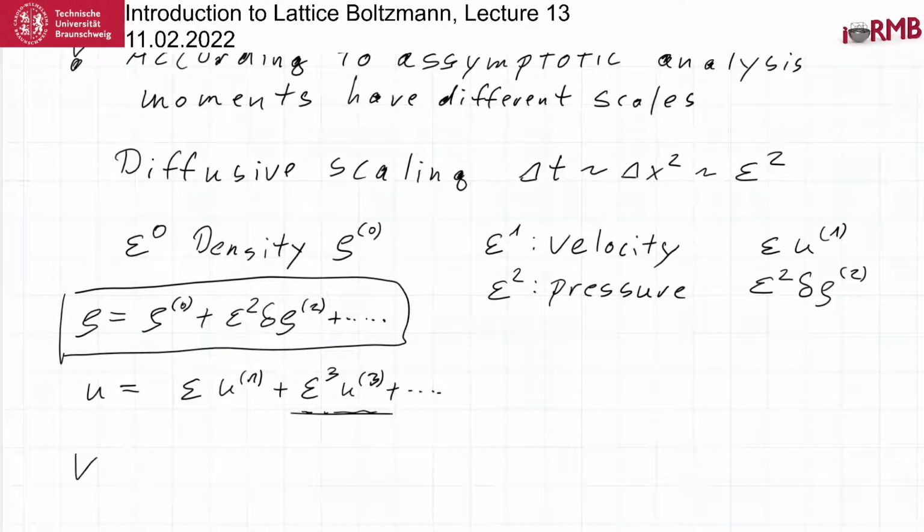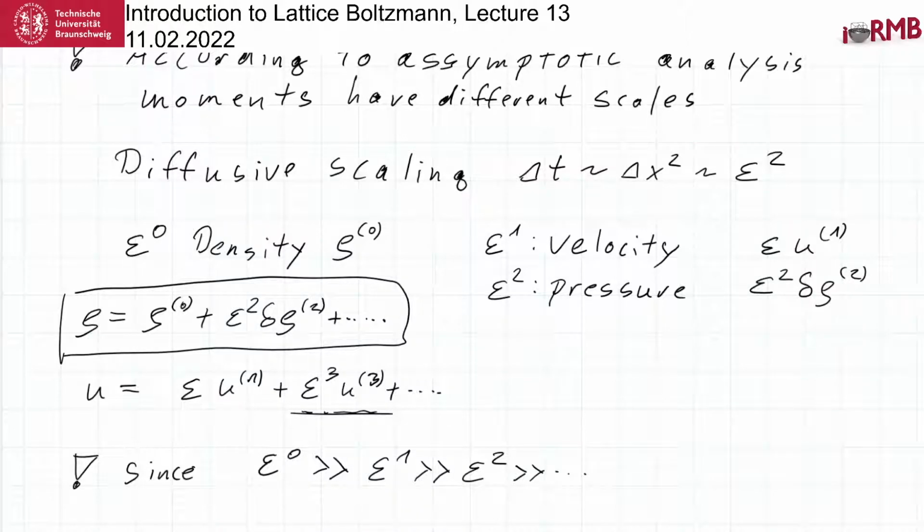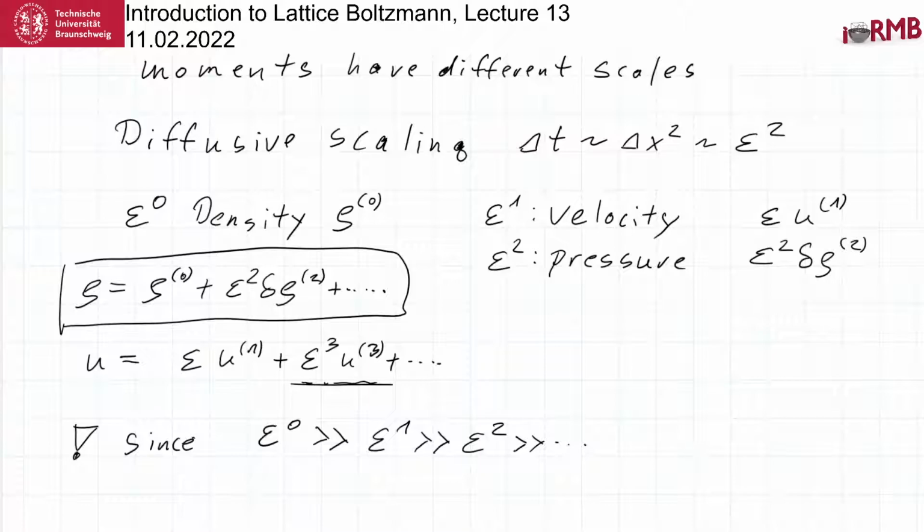So we know, this is the point of asymptotic analysis, that epsilon to the power of 0 is much larger than epsilon to the power of 1, is much larger than epsilon to the power of 2, and so on and so forth. And this means, because our different variables, like the velocity and the pressure, come at different orders in epsilon, that the variables are scale separated.